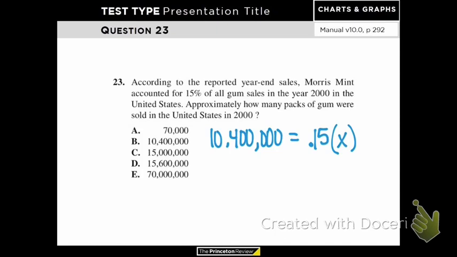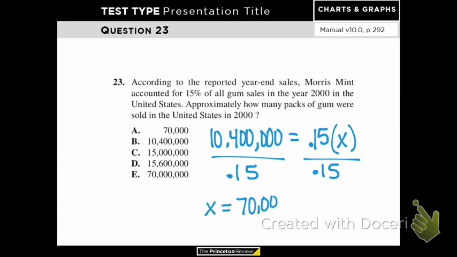Okay, so 10.4 million is equal to 0.15 times x. So then all I need to do is divide this by 0.15, and that will give my answer here, which is 70 million. So E.